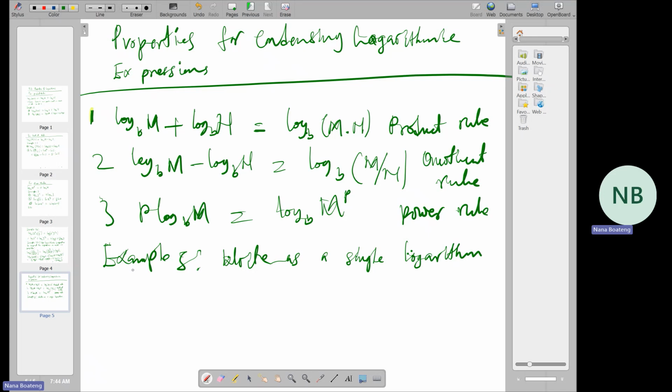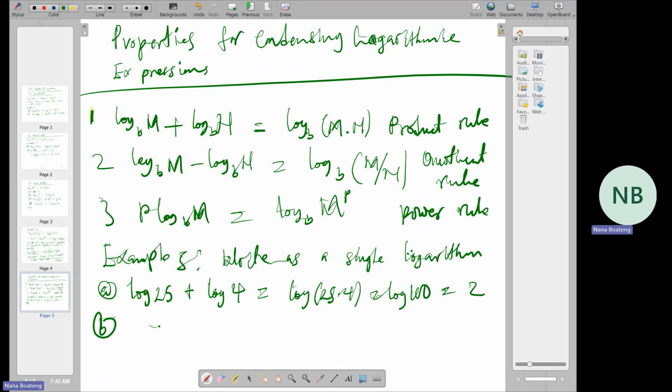A is log of 25 plus log 4. And this is equal to, using the product rule, the log of 25 times 4, which is equal to the log of 100, and the log of 100 is 2.